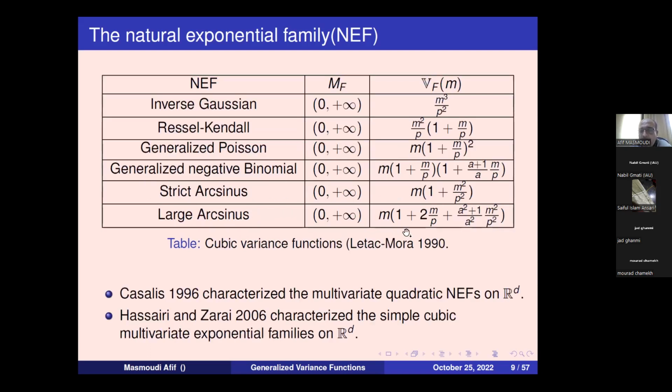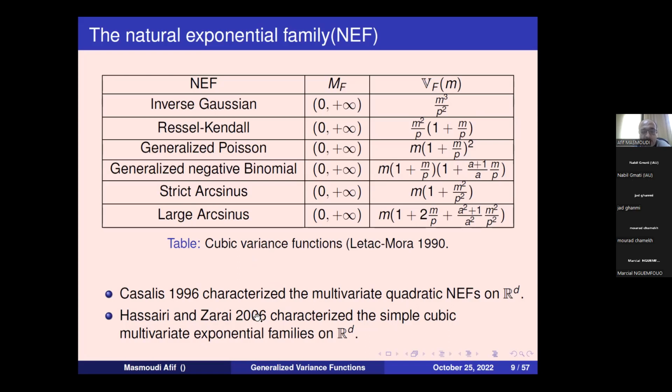Letac and Mora in 1990 characterized the cubic variance functions. So they added 6 other families, which are inverse Gaussian, Russell-Candle, generalized Poisson, generalized negative binomial, strict arc sine, large arc sine. In the multivariate case, in 1996, Casalis characterized the quadratic natural exponential families on RD.